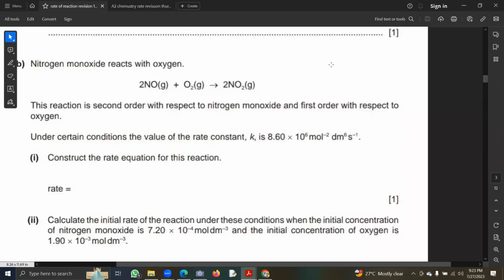Then they are having nitrogen monoxide react with oxygen. This reaction is second order with respect to nitrogen monoxide and first order with respect to oxygen.